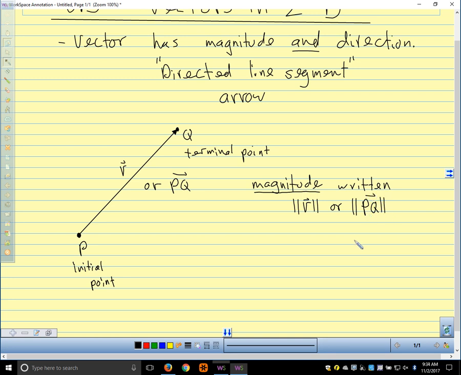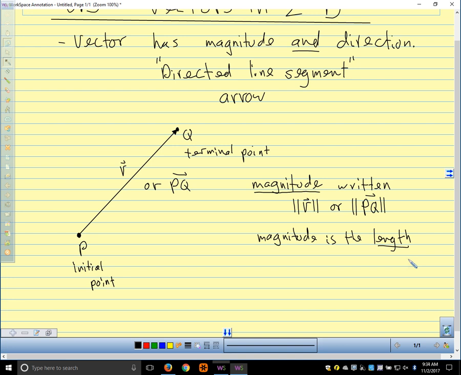The magnitude is the length. So the double bars are kind of like absolute value. We want to know how big it is. Absolute value tells us how big a number is. We don't care if it's positive or negative. The magnitude is kind of the same thing. We want to know how long it is.